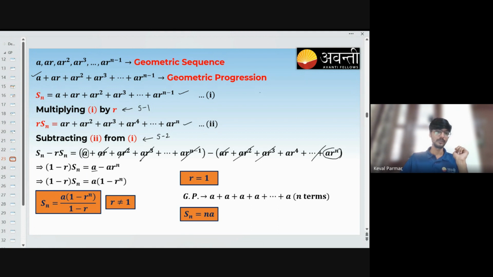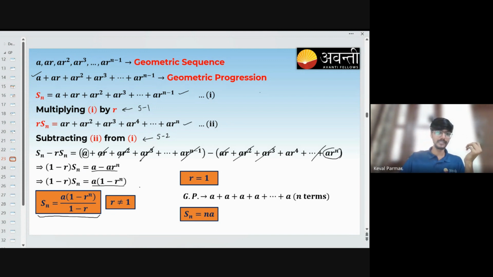So that only we wrote here. And out of this, I can take a common and I'll get Sn as this formula. What does the formula say? a into 1 minus r raised to power n upon 1 minus r. Obviously, r cannot be equal to 1 because we have 1 minus r in the denominator. So we derived this formula.